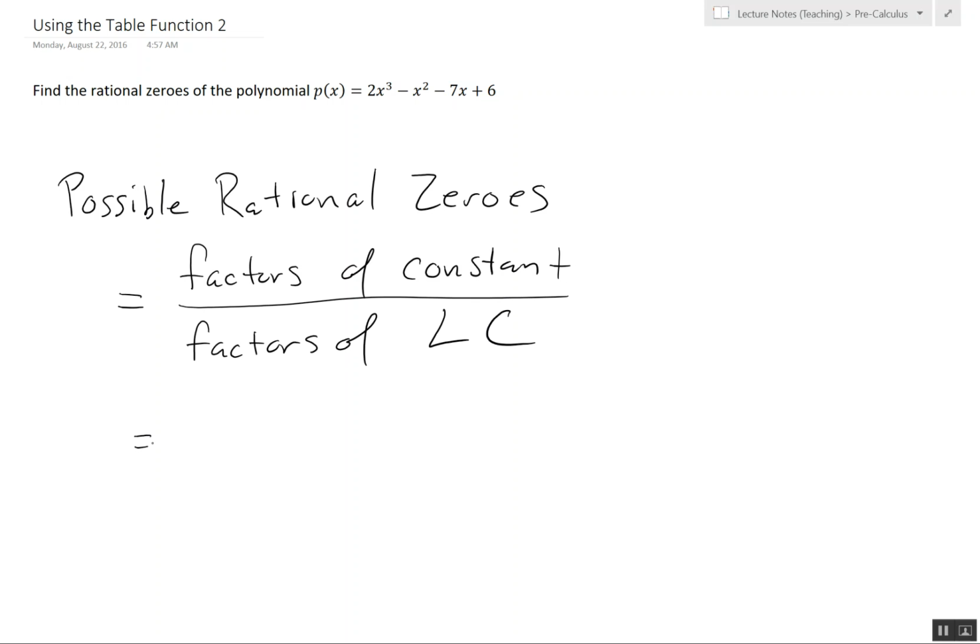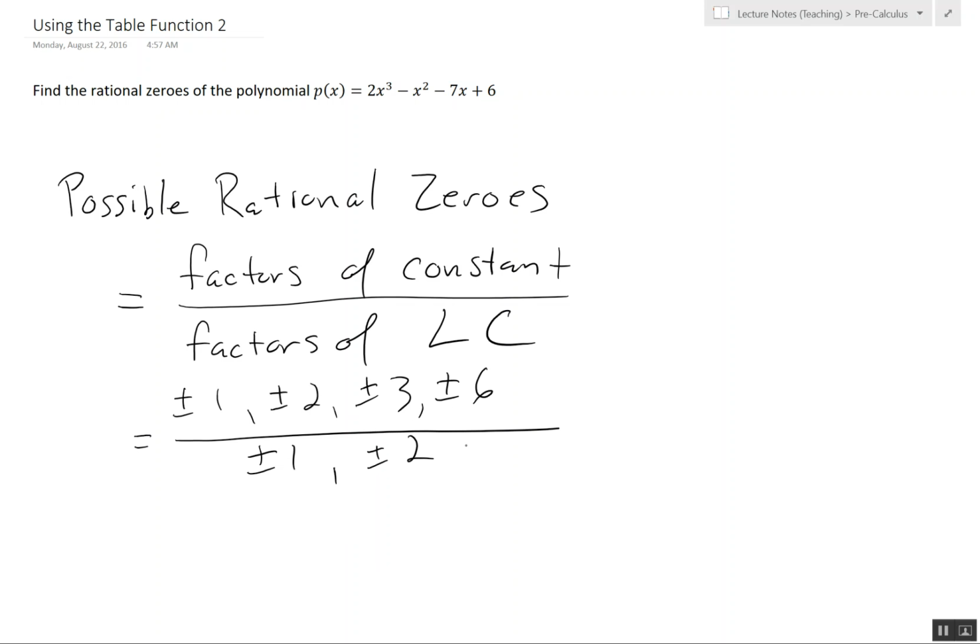So notice that this is going to be some combination of plus or minus 1, plus or minus 2, plus or minus 3, plus or minus 6, all over plus or minus 1, comma, plus or minus 2.